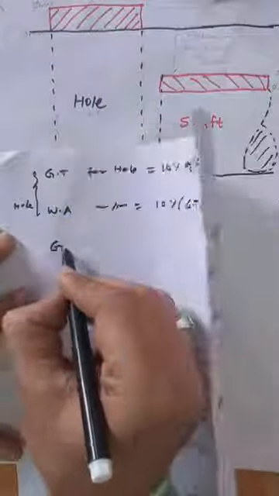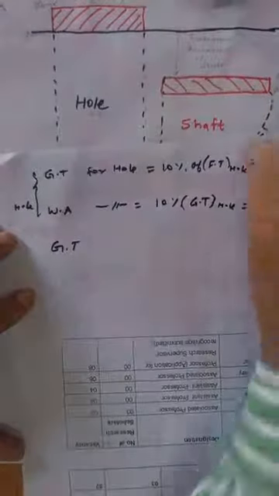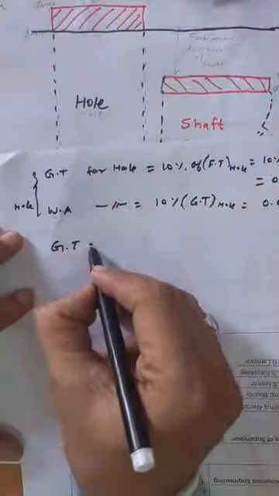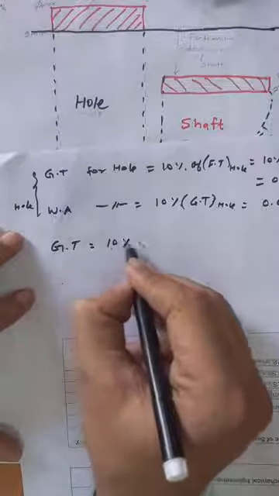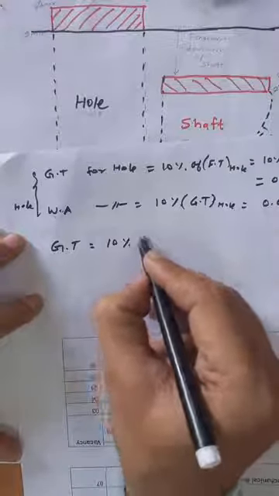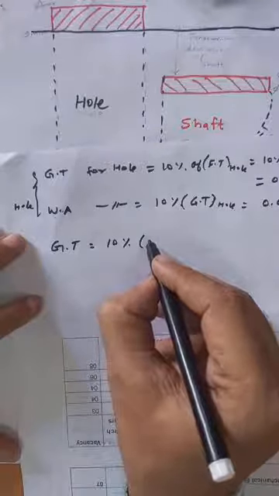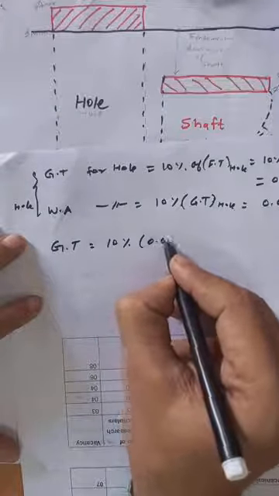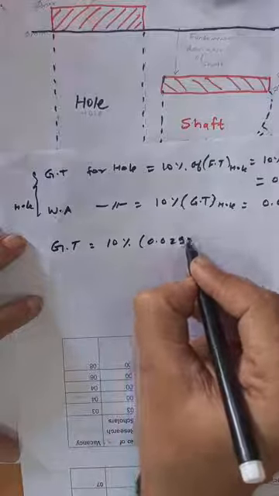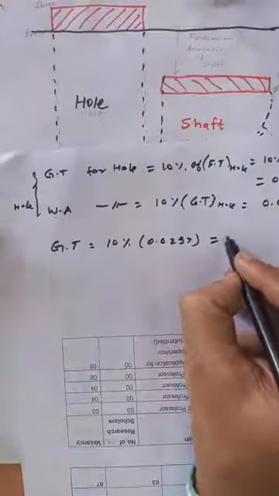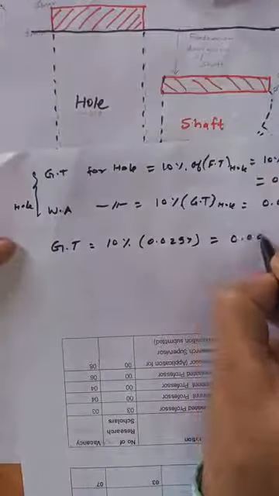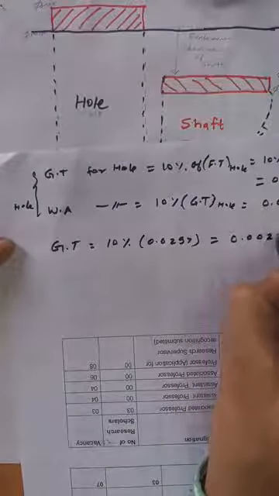Similarly for the shaft, we have to find out the gauge tolerance, that comes to be 10% of the fundamental tolerance, which is given as 0.0297, and that comes to be 0.00297.